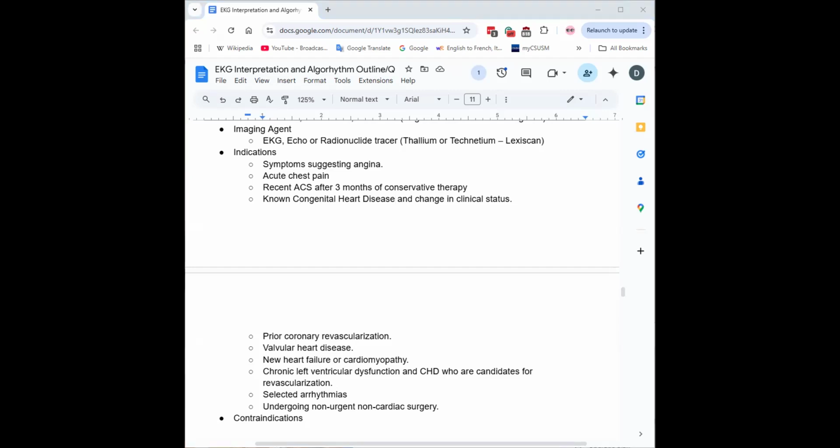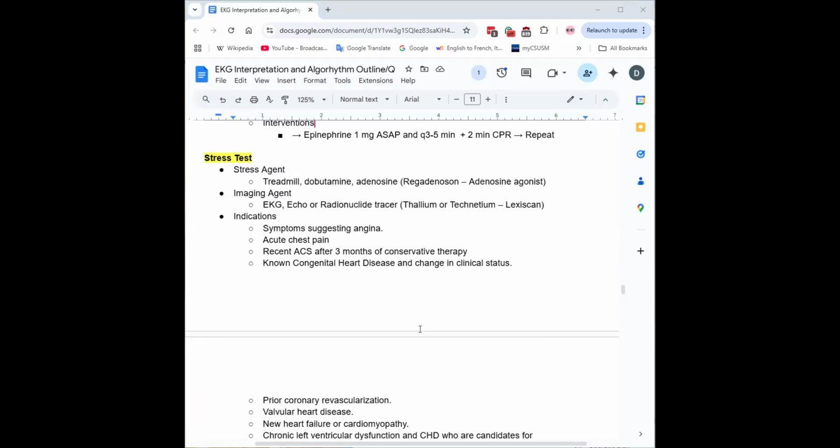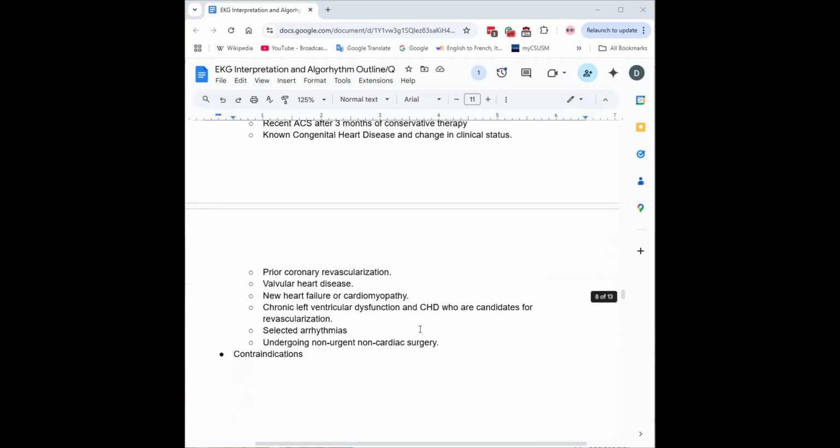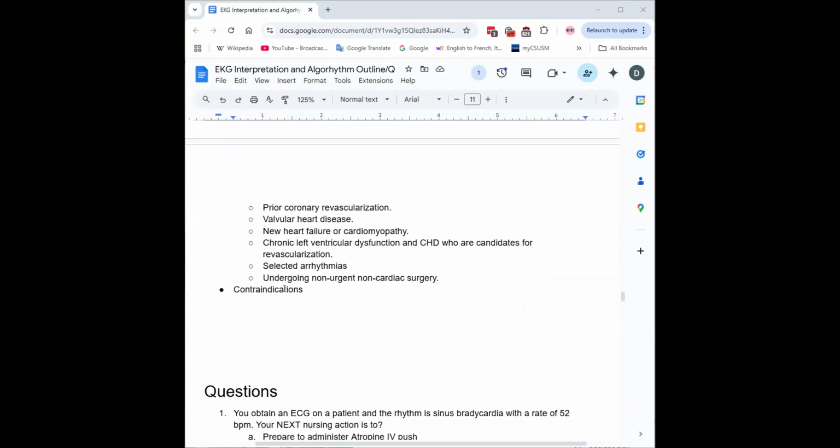when would you not want to do a stress test? Can you guys write down some examples of when you think the person does not want to have a stress test? Anything else?